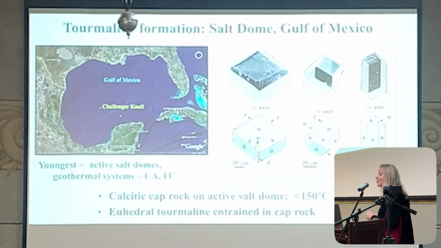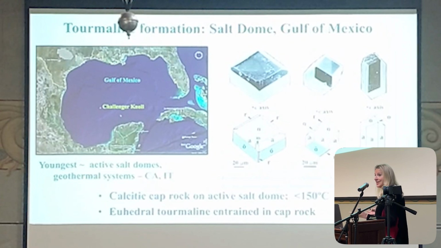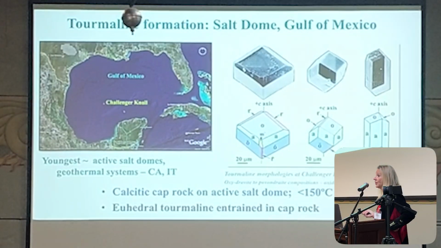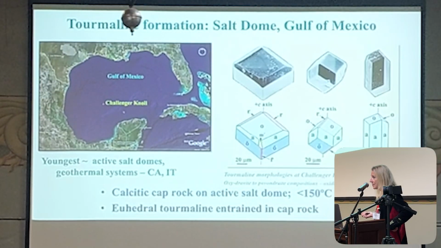And tourmaline is still forming today. We see it in geothermal systems. The Geysers field in California has tourmalines in them, and also the Larderello field in Italy. Two of the most prolific geothermal systems in the world have tourmaline in the rocks. Now, we have to work really hard in Louisiana to find minerals.